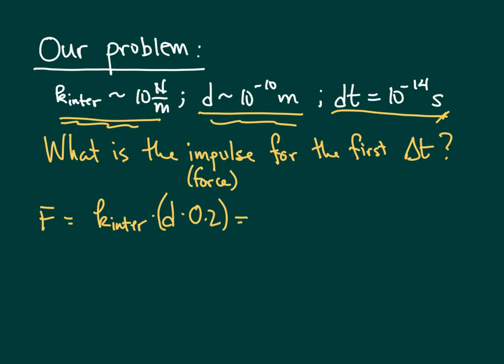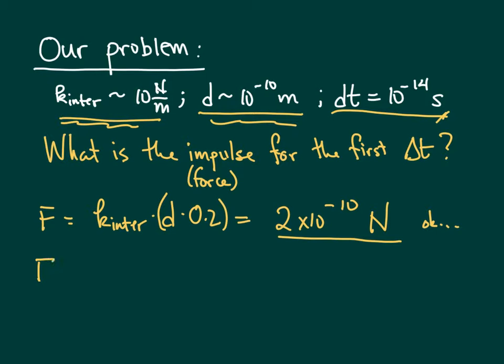If we plug numbers in and calculate, we get something like 2 times 10 to the minus 10 newtons. While this is a small force, our computer says, okay, I can deal with that.